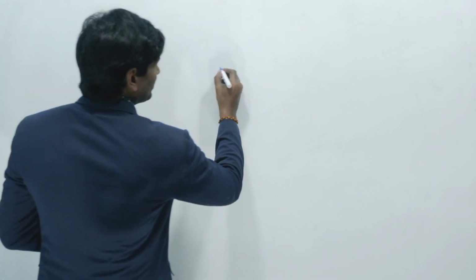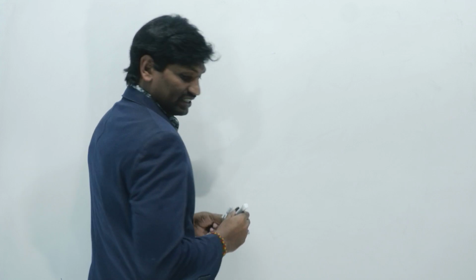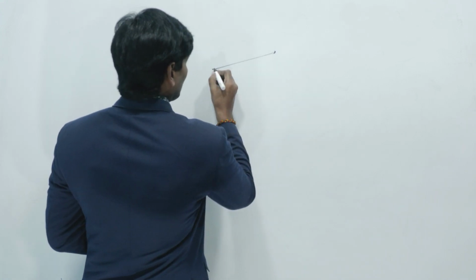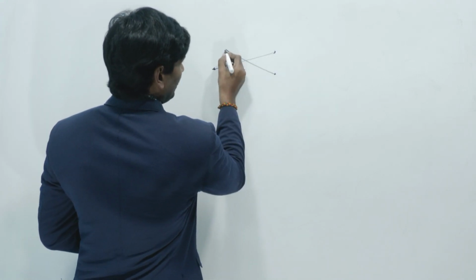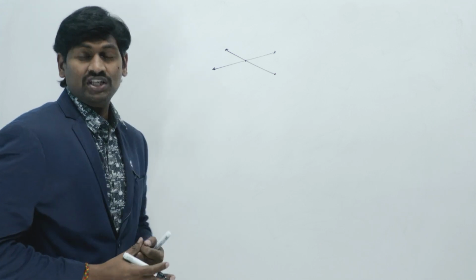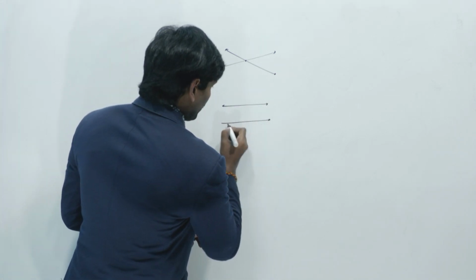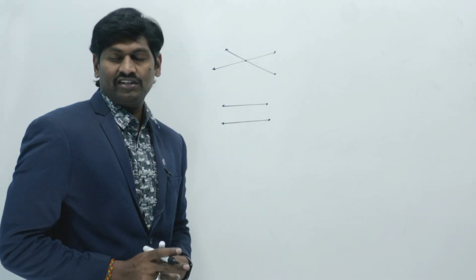What are the situations? The two straight lines can intersect at a point, that means having a common point. Two straight lines having a common point like this. This is one of the situations. Or else they never have a common point, that means they must be parallel lines.